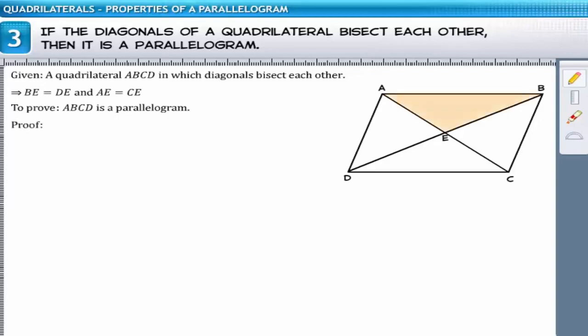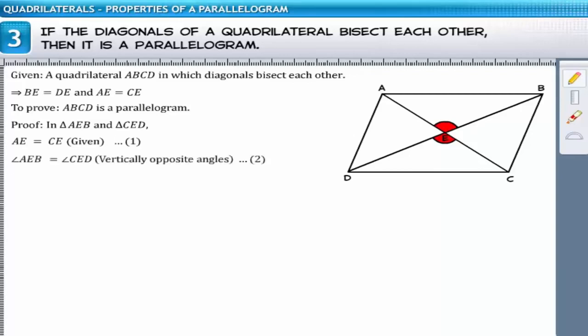In triangle AEB and triangle CED, we are given side AE is equal to side CE, denoting this by equation 1. Angle AEB is equal to angle CED, since they form a pair of vertically opposite angles, denoting this by equation 2.